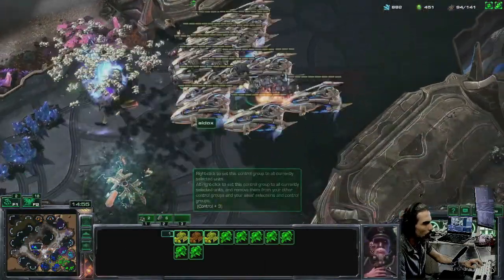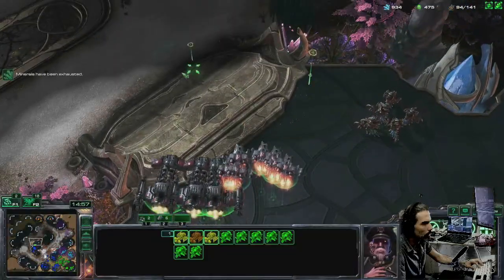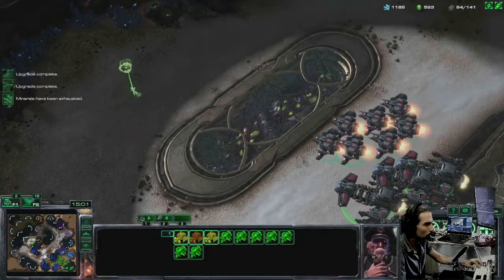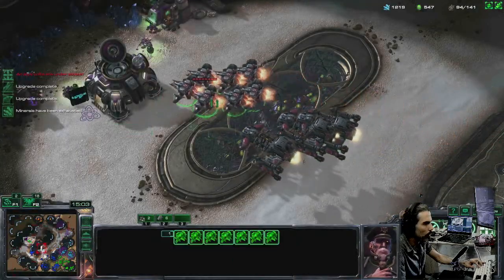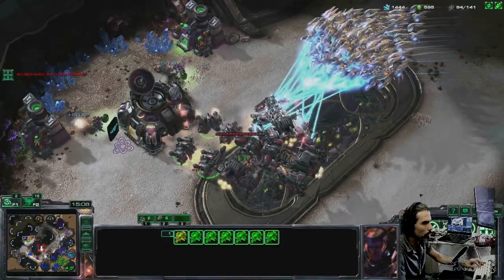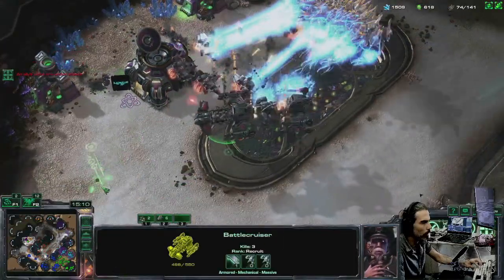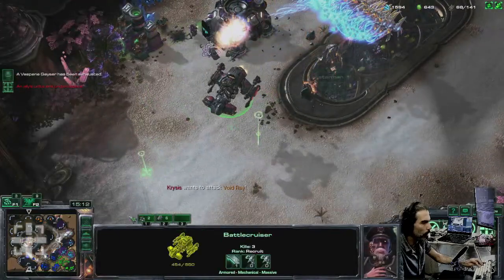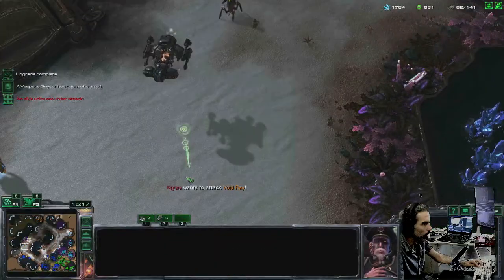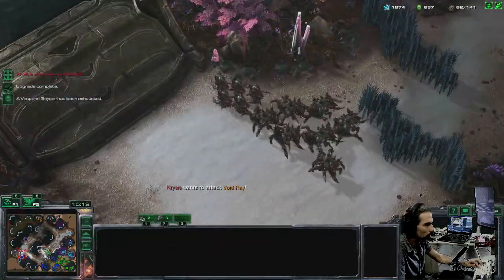You hailed? Mineral field depleted. Upgrade complete. Take it slow. Our allies are being attacked. Fight or flight? You hailed? Yes, Commander. Command Center upgrade complete. Whatever that means. Our allies are being attacked.